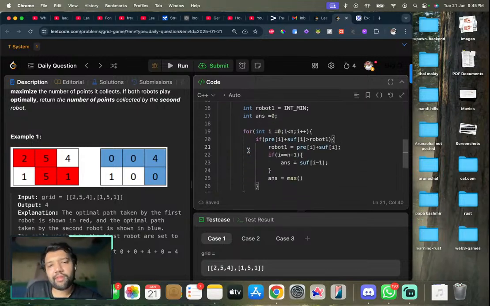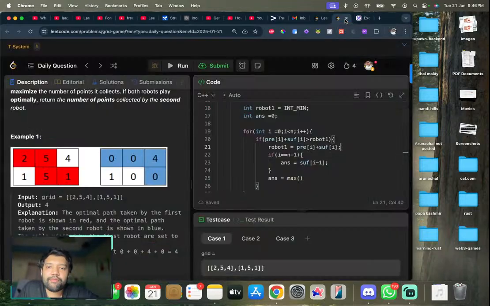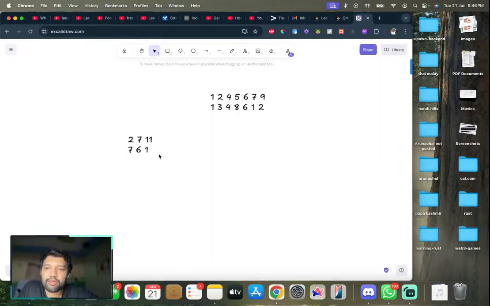the sum of all the numbers before this number. How do I get the sum of all? So 7 minus 1 will give me that.